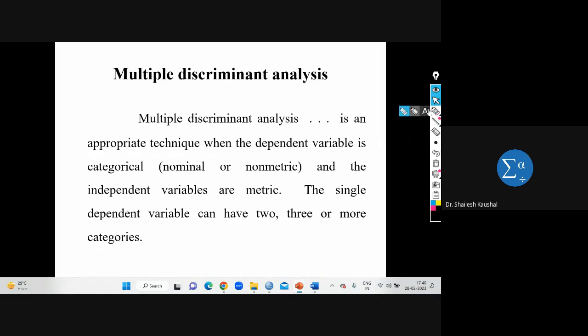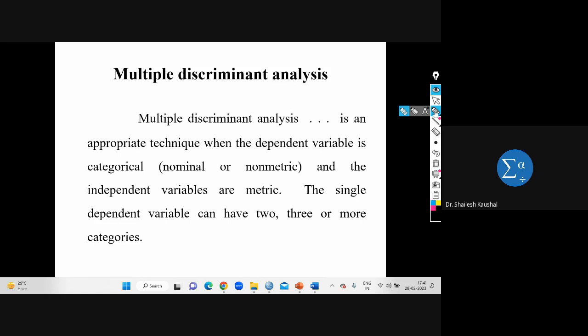The multiple regression analysis. Now, every statistical tool and technique has its own assumptions. It means before applying any statistical tool or technique, we should check the assumptions. For example, if I want to apply the independent t-test, before applying it, I will check whether my data is normally distributed or not, whether my data is homogeneous or not.